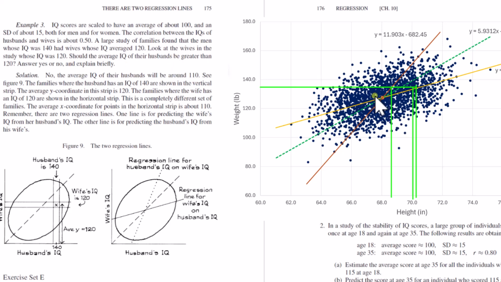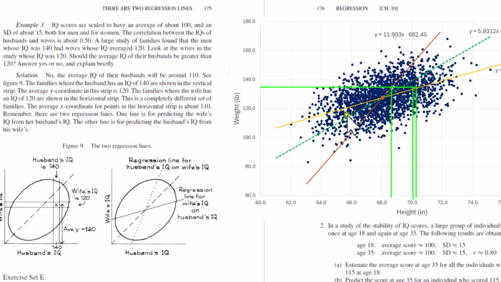Okay, we would need the line y equals x, because that's where we can see where husband's IQ is equal to wife's IQ. This isn't even the chart, but we have to take a look at the actual chart. We do know for sure that the incoming husband's IQ for the first analysis was 140, and the wife's IQ on average was 120.